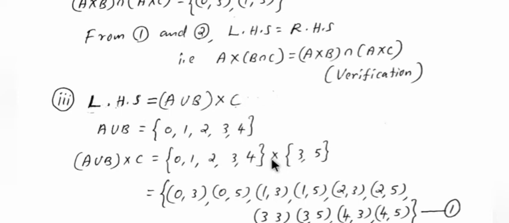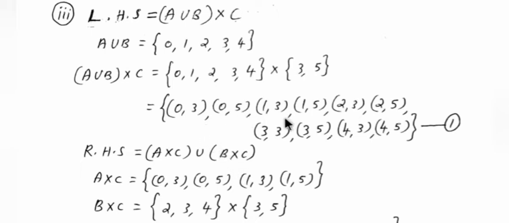Then take cross product. Do as in previous problems in exercise 1.1. We get this set. Put equation number 1. Since here LHS is over, then RHS.